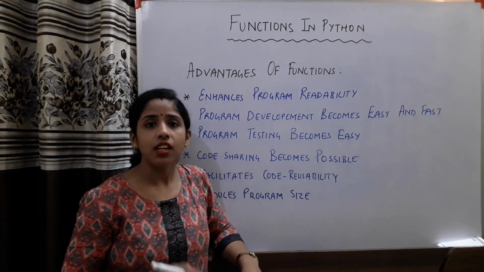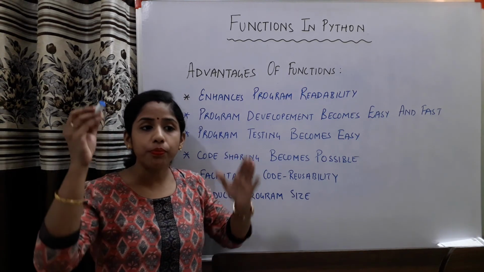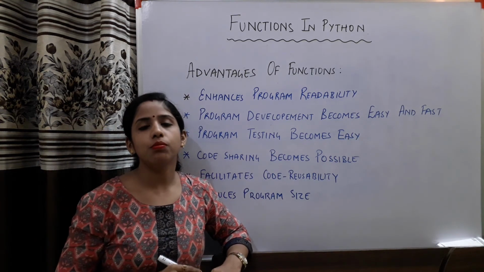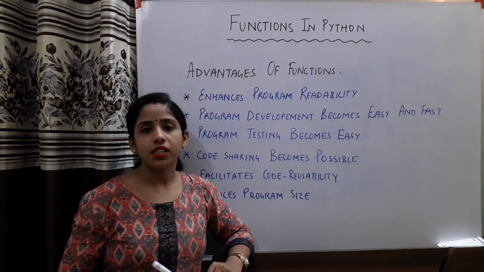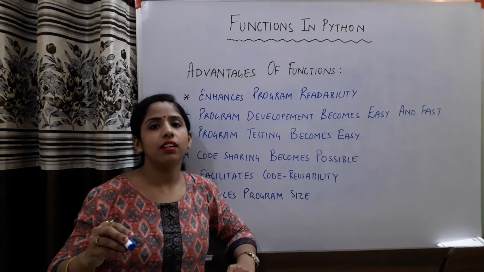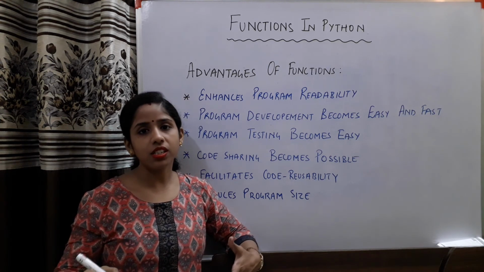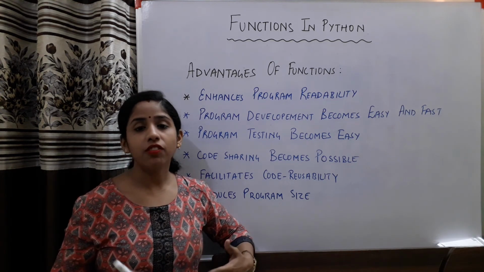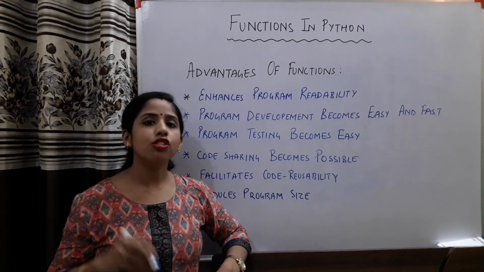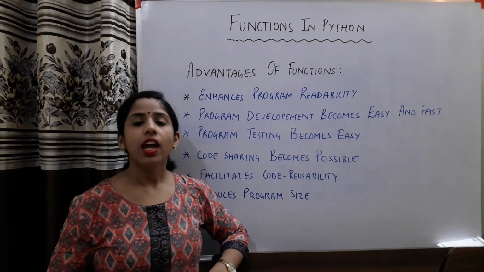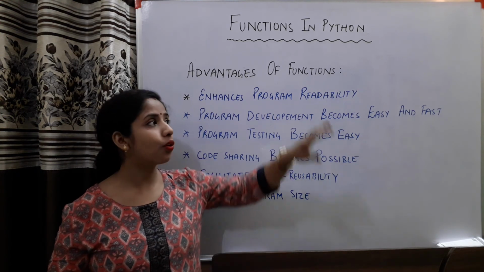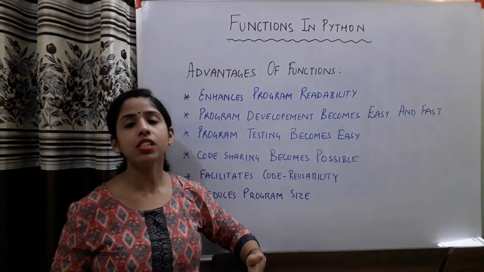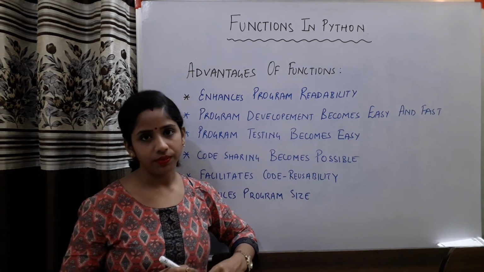This point means that if there is a big list of instructions and you happen to make a mistake in it, what happens? All the related statements after that, which are related to that particular statement in which you have committed the mistake, will also be affected. Then you will have to rectify all the statements separately, individually, right?